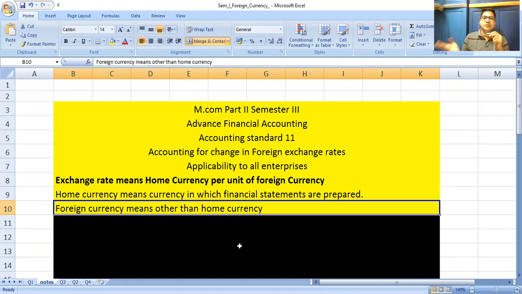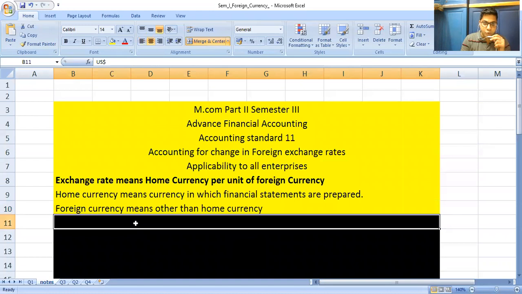Exchange rate means the home currency per unit of foreign currency. Home currency means the currency in which financial statements are prepared. And foreign currency means other than home currency. Am I clear? I hope you understood. Yes, sir.